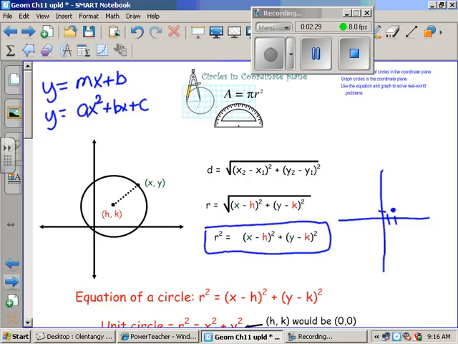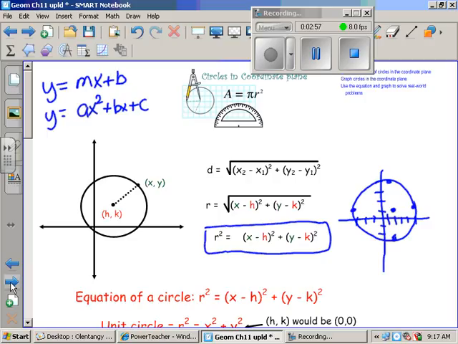And if I said the radius was 3, then I'd go 1, 2, 3 over, 1, 2, 3 up, 1, 2, 3 over, 1, 2, 3 down. And there would be my circle.